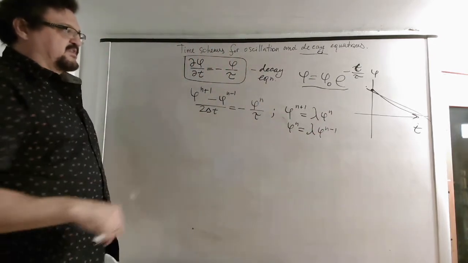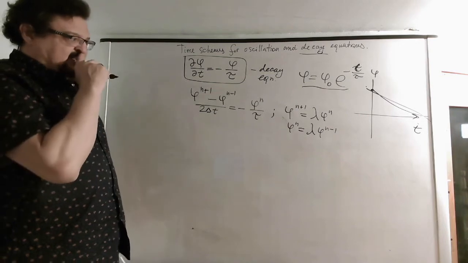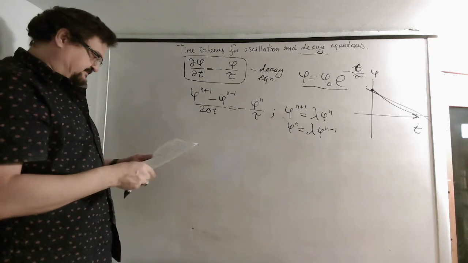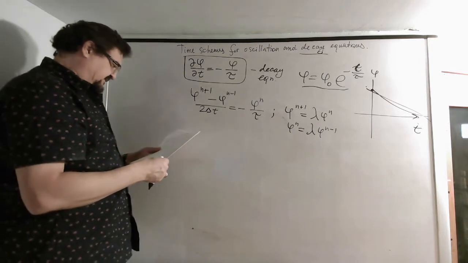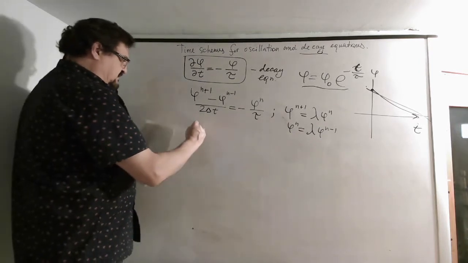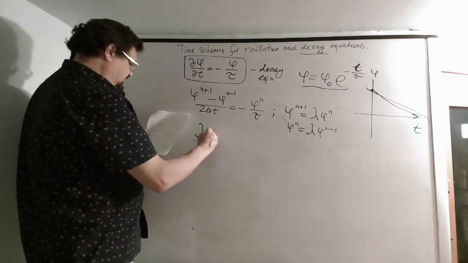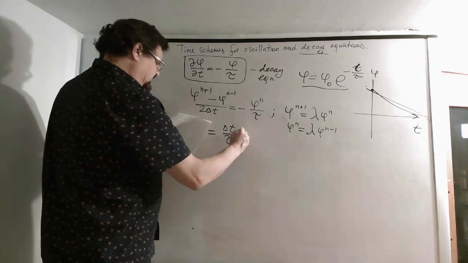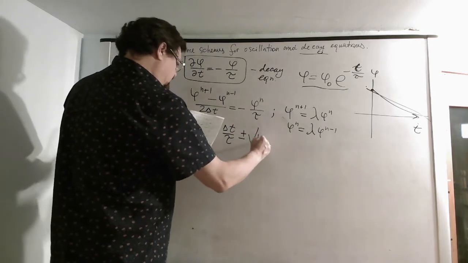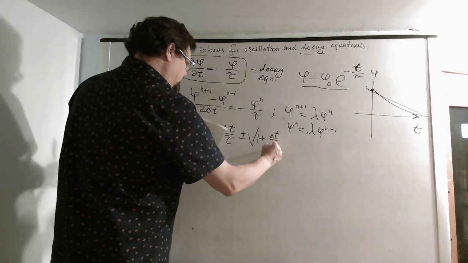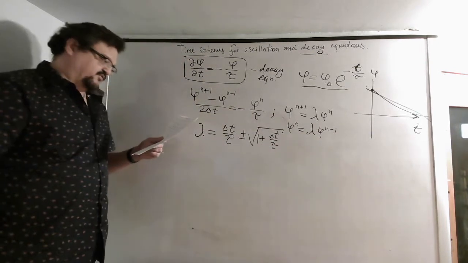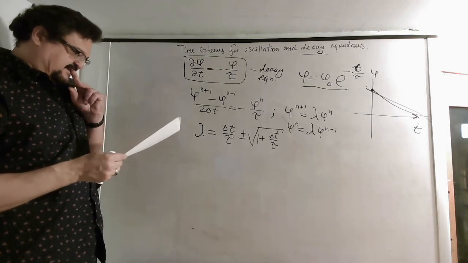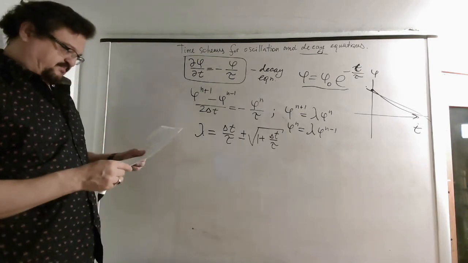So you substitute in there, then you will have a quadratic equation for lambda. And if you solve it, then you will find that lambda equals delta t divided by tau plus minus 1 plus delta t divided by tau. So this is a real solution, there is no imaginary part.